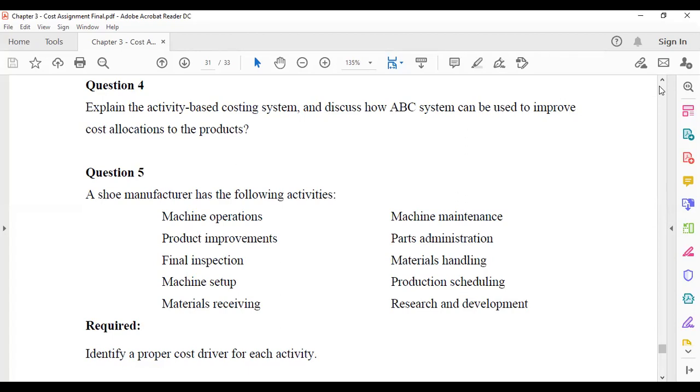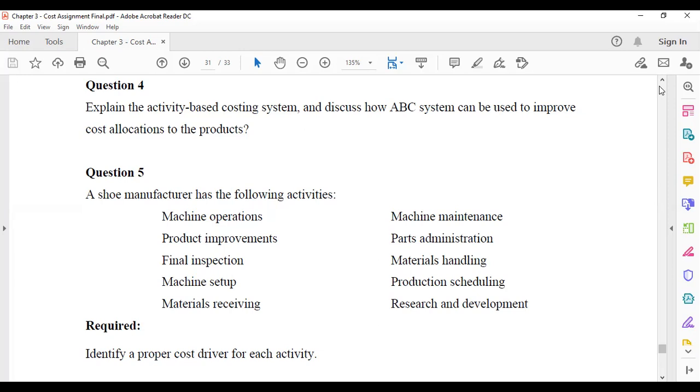Here you may witness that there may be several, not just one or two cost drivers, but sometimes 5 to 10 cost drivers, depending on the number of activities that you have. So the focus is on cause and effect, which was not necessarily the case under the traditional costing system.